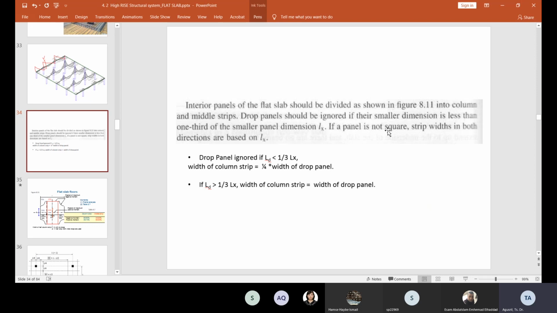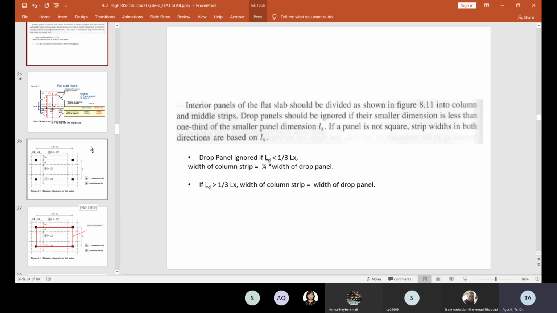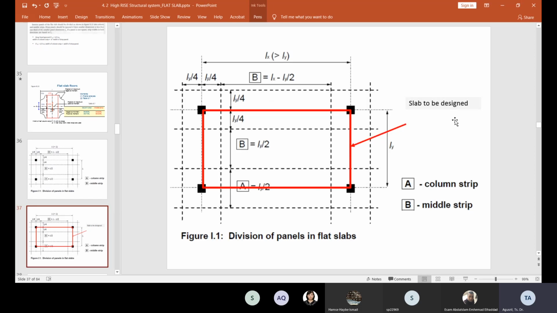For the flat slab, in order to design it, we need to divide the flat slab into what we call the column strip and also the middle strip. The definition of column strip and middle strip I can show you in this slide. You can see here the rectangles with black color are the columns.